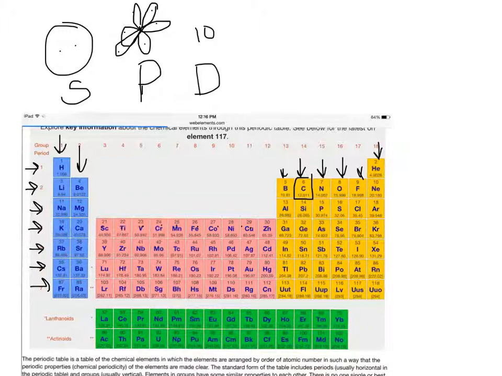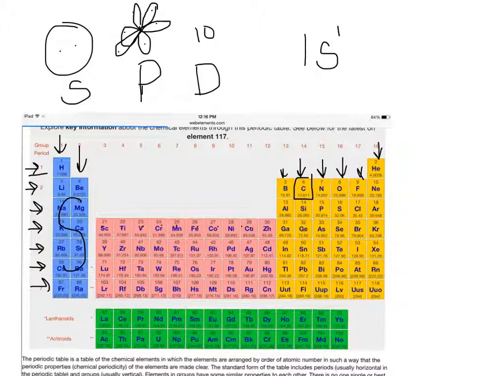So hydrogen is on the first energy level, that number right here, so we'll write 1. It's in the S block shape, so write an S, and then it has 1 electron. So this would be the electron configuration for hydrogen.